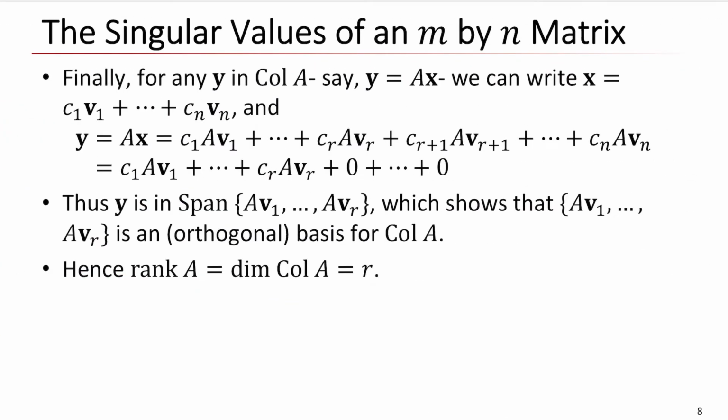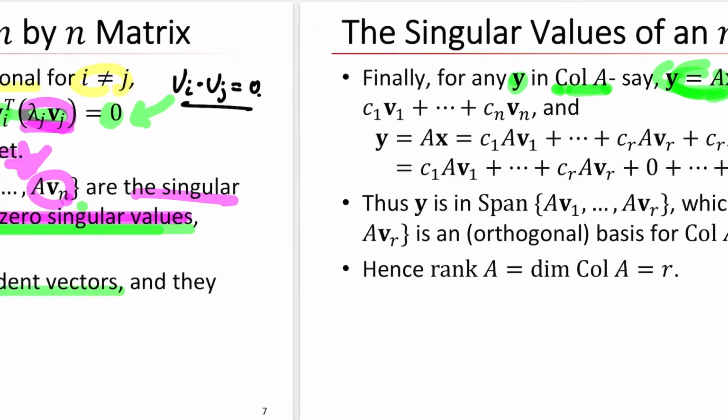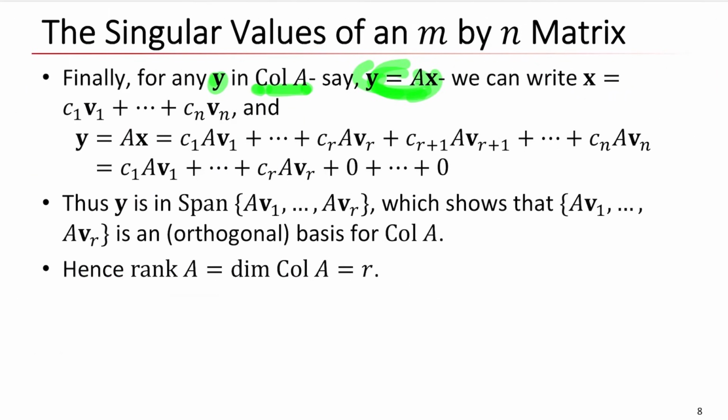And then any arbitrary vector y in the column space of A is defined as y equals Ax, and we can write x as a linear combination of v1 through vn, right?